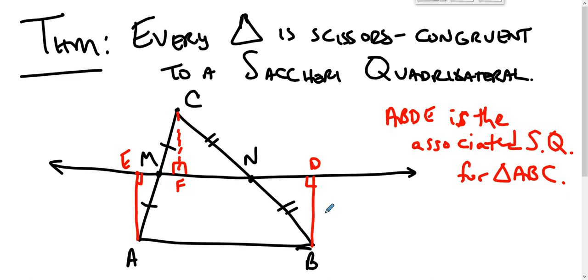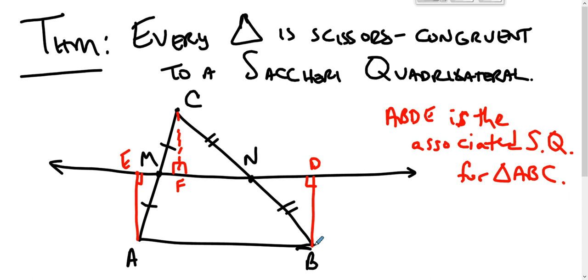That should be straightforward. So what does this mean? Just driving this home. Triangle ABC has the same area as Saccheri quad ABDE, which means that triangle ABC can be cut into pieces and rearranged to make quadrilateral ABDE.